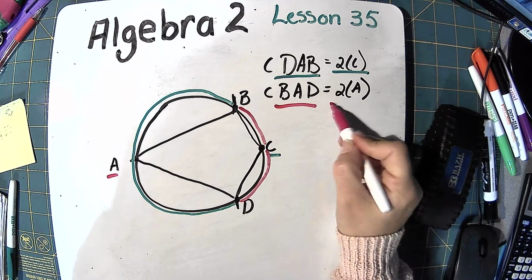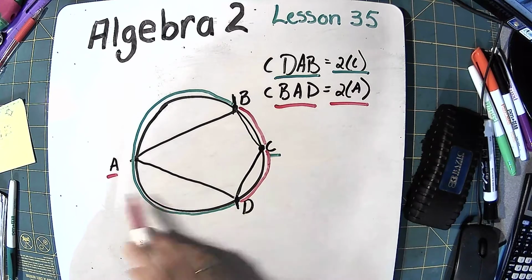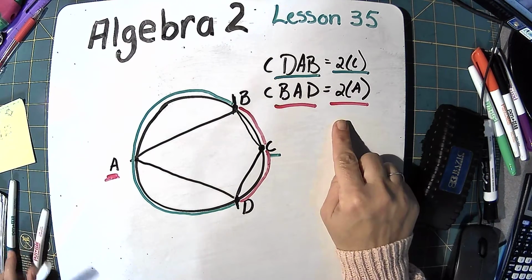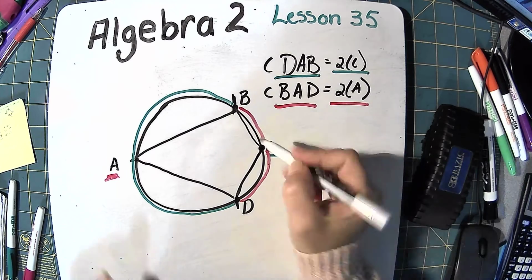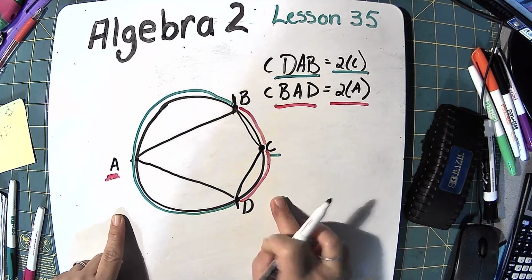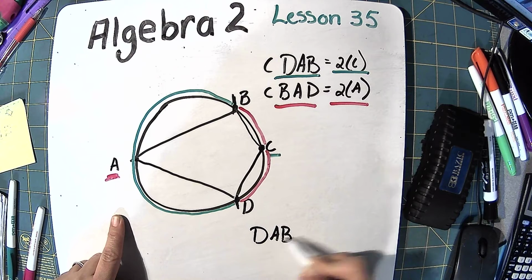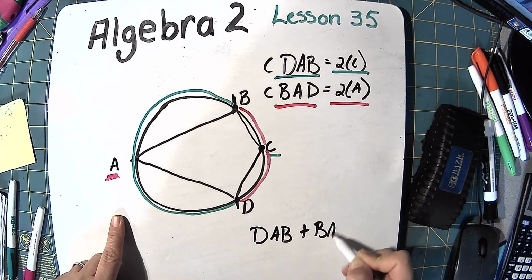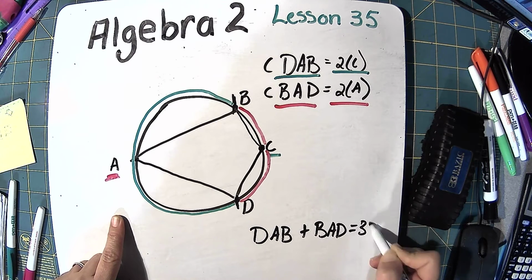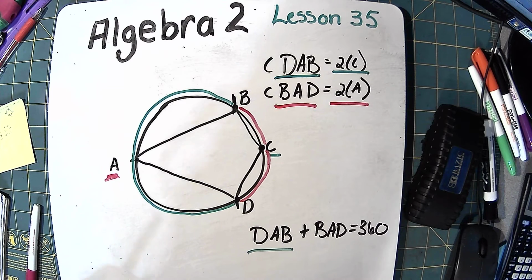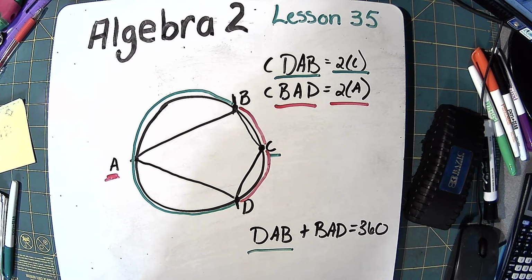Because the measure of the arc is double whatever the angle is. Okay, so then we're going to say that those two added together have to make 360 because they go all the way around. So DAB plus BAD equals 360. Right? The green one plus the pink one are going to equal 360.